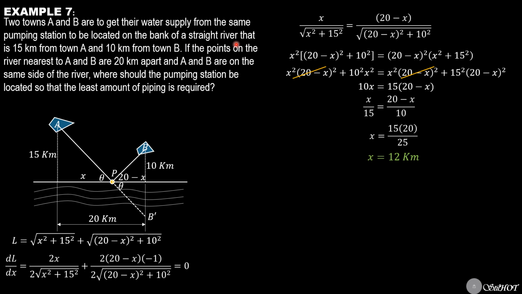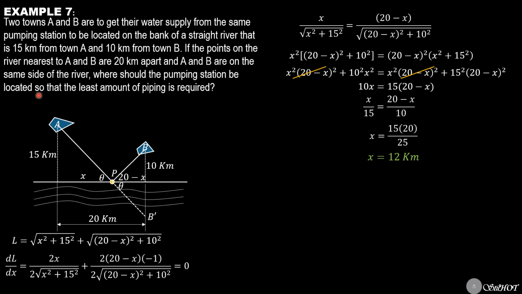So that is 15 kilometers from town A and 10 kilometers from town B. So this straight bank is 15 kilometers from town A, that's perpendicular distance of course, and 10 kilometers from town B. If the points on the river nearest to A and B are 20 kilometers apart, so this point here and that point are the points on the river closest to the towns, and they are 20 kilometers apart.